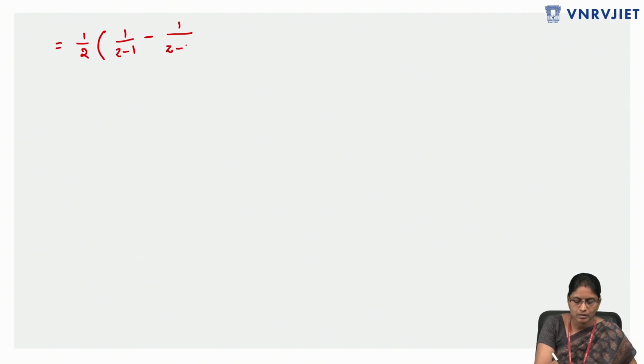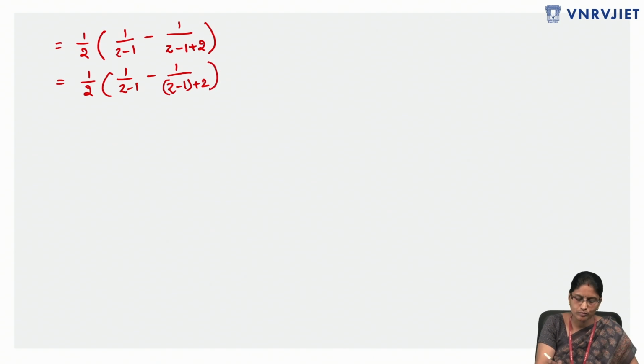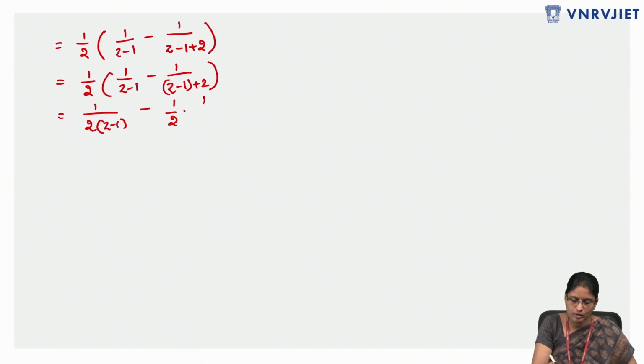We get z minus 1 plus 2, that equals 1 by 2 into 1 by z minus 1 minus 1 by z minus 1 plus 2.